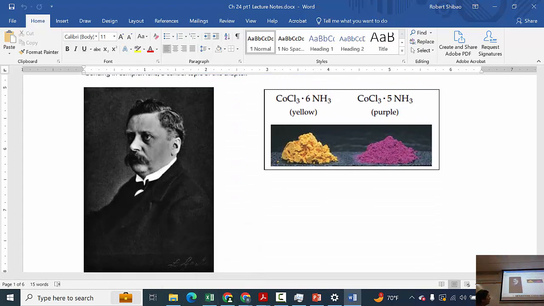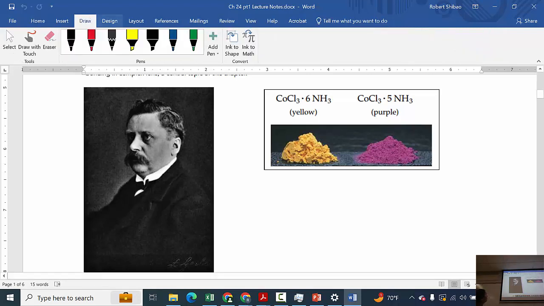If the ammonias are just stuck in the crystal lattice, they're in between the cobalts and the chlorides, probably in some void space, interstitial space, we call it. So if we take this solid, chlorides are all soluble in water, except for silver, mercury, and lead.